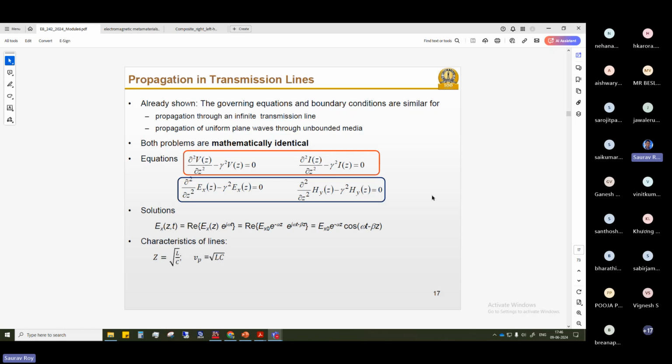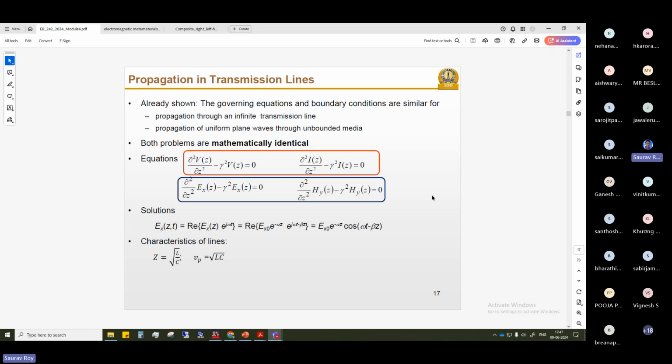Otherwise, all the normal non-magnetic materials have a relative mu equal to 1. Only epsilon r changes, but mu r equals 1. Magnetic materials like ferrites have a negative permeability. But generally you get them separately, either mu is negative or epsilon is negative. You never get both of them together in reality.